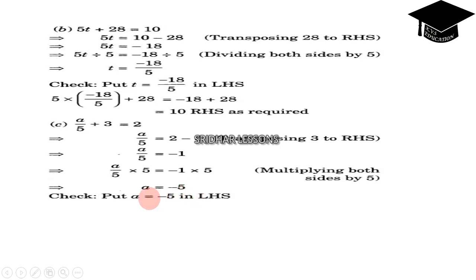So to check the value, we put a equal to minus 5 in the left hand side, minus 5 by 5 plus 3. Minus 5 by 5 means minus 1, plus 3. So minus 1 plus 3 is equal to 2, which is equal to the right hand side.